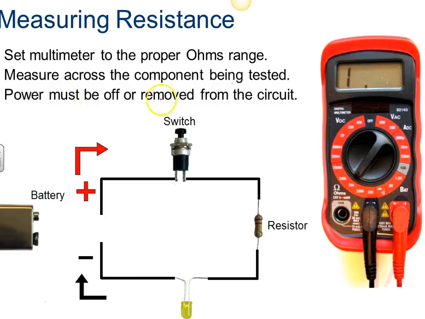So power has to be turned off or removed from the circuit altogether. So battery comes out. The battery of the multimeter is going to take the place of it. It's going to try to push current through a component that we're interested in, and we measure the resistance that way. Across the resistor, across the light, and so forth.